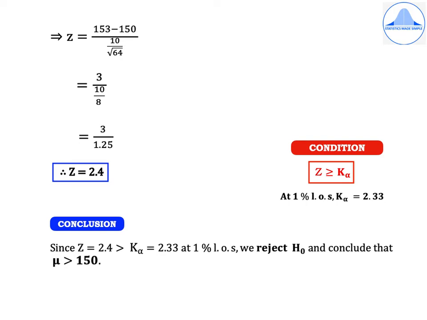If it is, then we reject H naught, otherwise we accept H naught. So now at 1% level of significance, K alpha is equal to 2.33. So conclusion, since Z is equal to 2.4 and this is greater than K alpha equal to 2.33, at 1% level of significance, we reject H naught and conclude that mu is greater than 150.